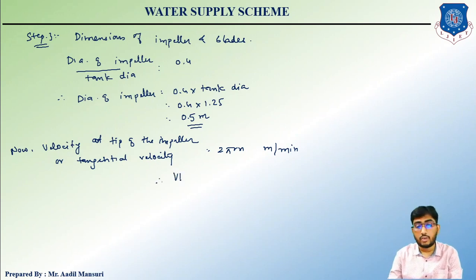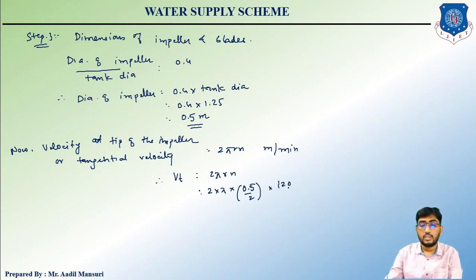So therefore we can say Vt will be equal to 2 pi rn, that is equal to 2 pi. Now r will be equal to 0.5 by 2, diameter by 2, right? And n is 120, right? But since it is in minutes, you will divide by 60.